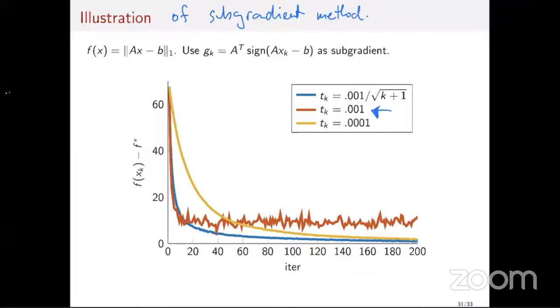So maybe I can say something, just to answer the question about having the full subdifferential. If I have the full subdifferential of a function at a certain point, there always exists in the subdifferential a direction that is a descent direction, but finding which direction is a descent direction is not easy.